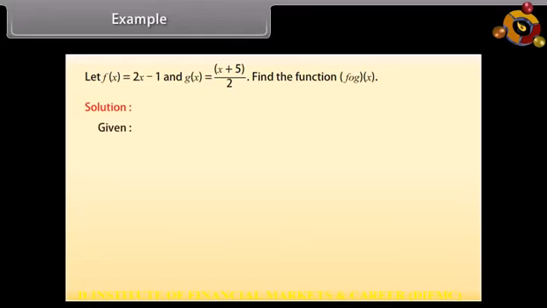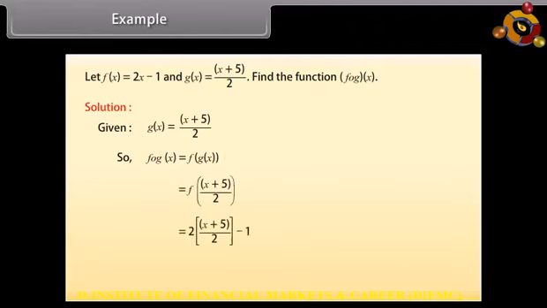Given g(x) = (x + 5)/2. So, f(g(x)) = f((x + 5)/2) = 2 · (x + 5)/2 − 1 = x + 5 − 1 = x + 4.